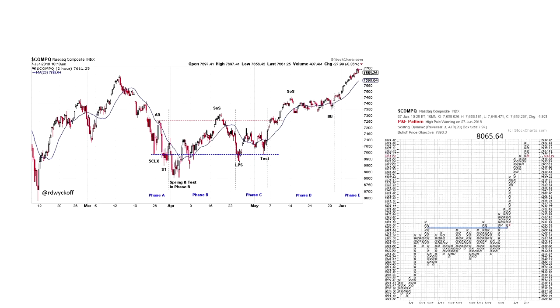And when they see there is not enough supply to bring the market back down through the lows of the LPS or these lows at the spring in phase B, they conclude the supply has been absorbed and there's good demand in this market, and they are buying the weakness. The CO is using the bottom of the range to accumulate their positions because they're building such huge positions. And so these are the tests that confirm the bullishness.